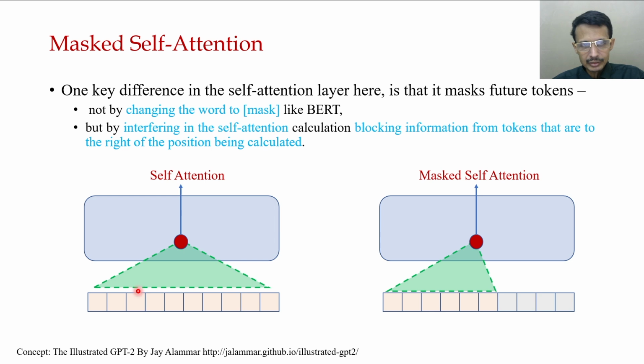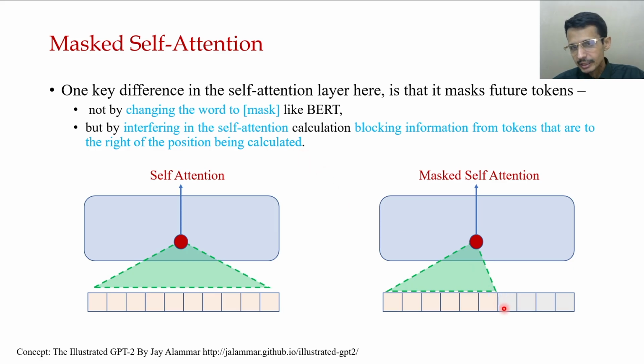In a normal self-attention, all the words take part to find out a particular word. But here you can see that if we have to go to this word, only the prior words take part. It does not change the word to a mask, but interferes with the self-attention calculation, blocking information from tokens that are to the right of the position being calculated.